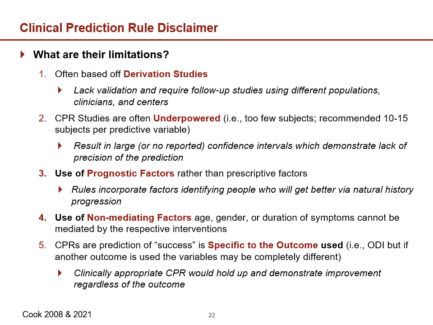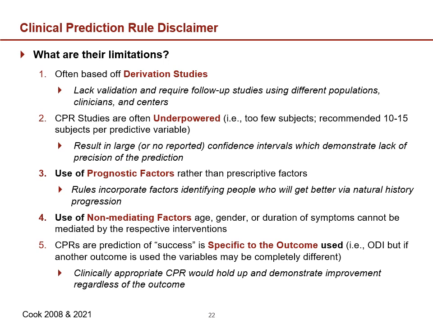For instance, if you use a Roland Morris or a STarT Back tool, if the CPR was actually robust and resilient, then regardless of the outcome measure that you provide to the patient after your manipulation, you would expect them to improve.